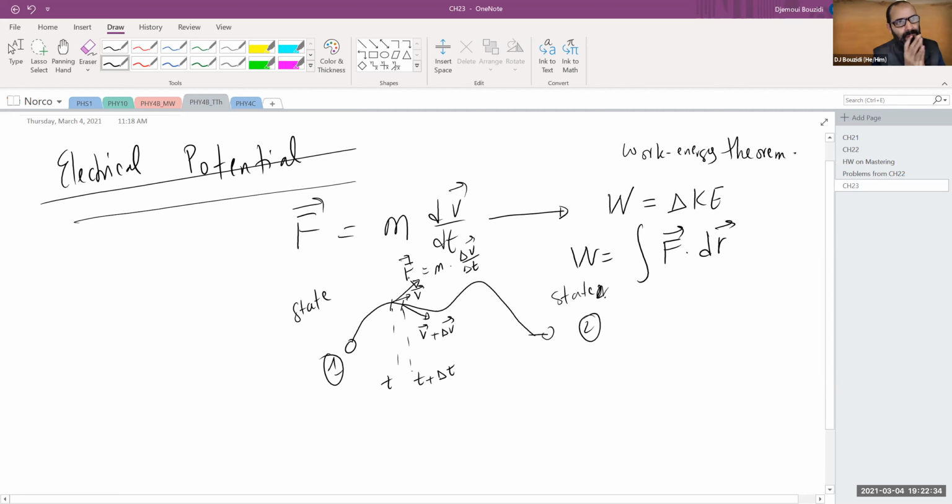Granted F equals ma, the question then was, how does the force do it? Well, apparently what the force does, according to this theorem, is work. The force works to do what? To change the kinetic energy of the system.